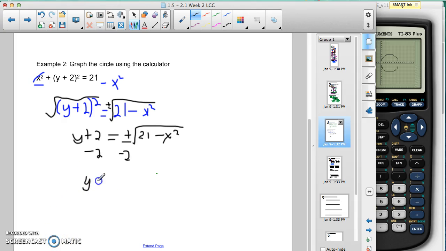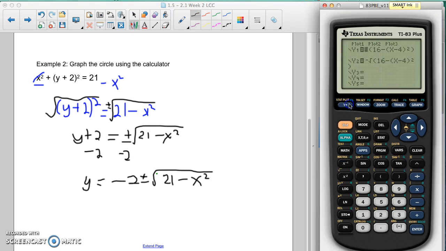So it's going to be y equals negative 2 plus or minus the square root. Now when we graph, we're going to graph one as a plus and one as a minus, just as before. So this is still going to be two graphs. Okay, but one will be plus, one will be minus.